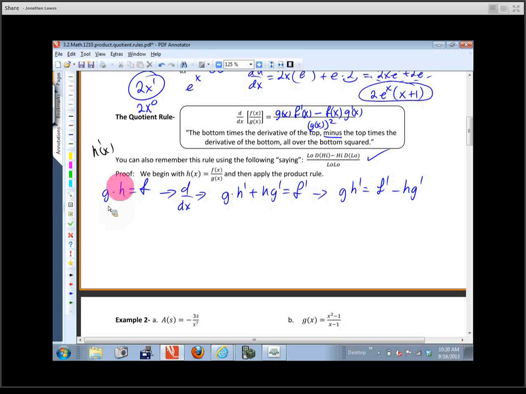I algebraically manipulated the equation and did some calculus on both sides of the equation. Same thing on both sides, so that's algebraically legal. And then I'm just moving this around so I can get h prime by itself. If I want h prime by itself, what do I do next? Divide both sides by g. So if I divide both sides by g, here's what I've got: h prime equals f prime minus h g prime, over g.